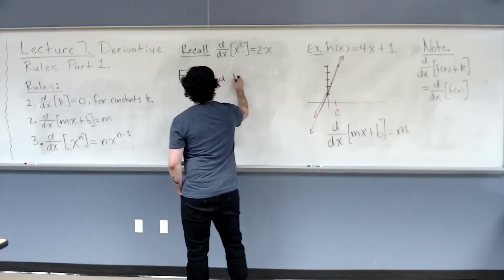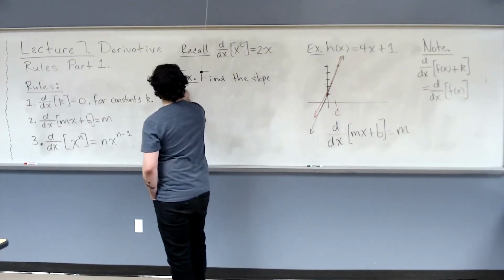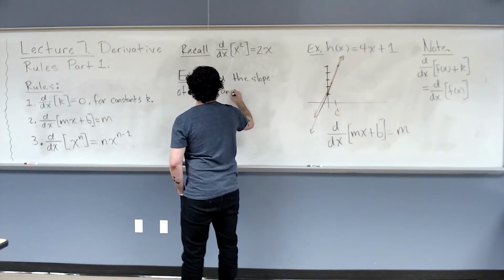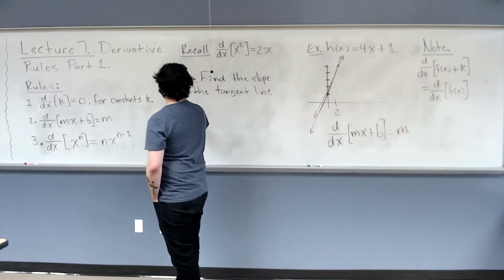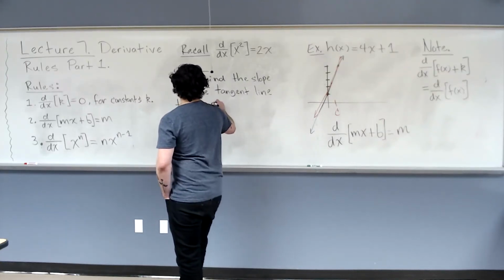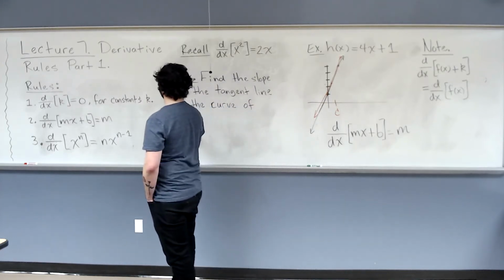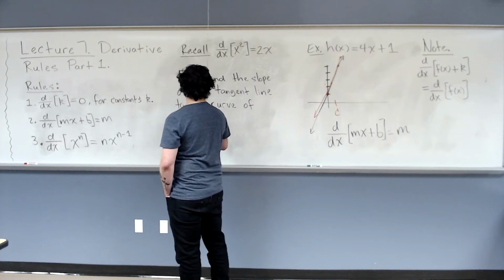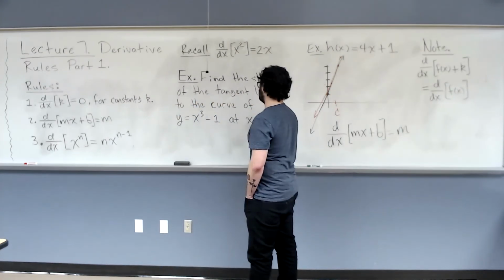So find the slope of the tangent line to the curve of, say, y equals x cubed minus 1 at x equals 2.